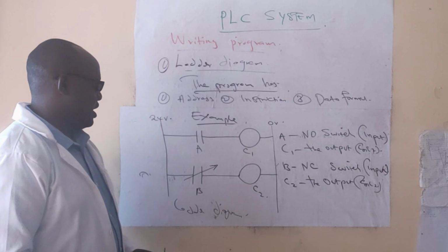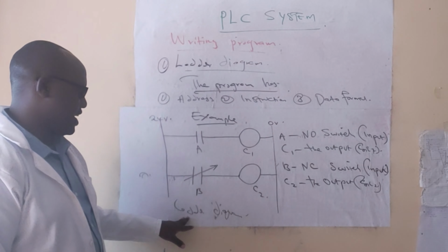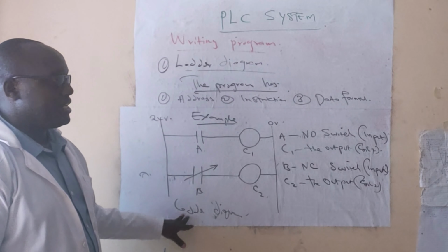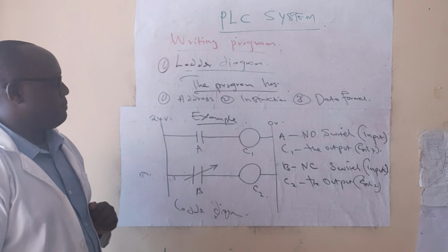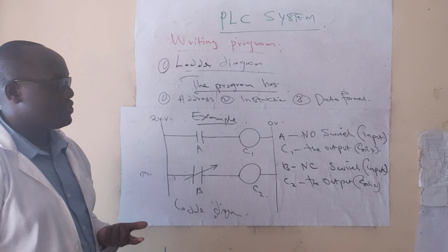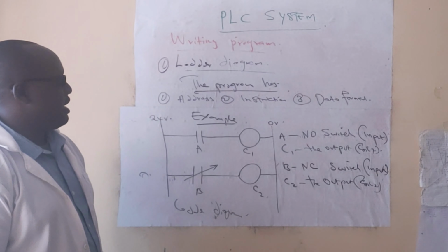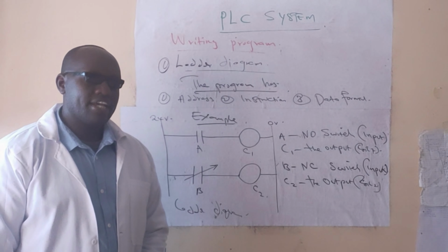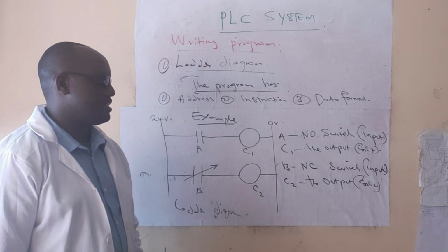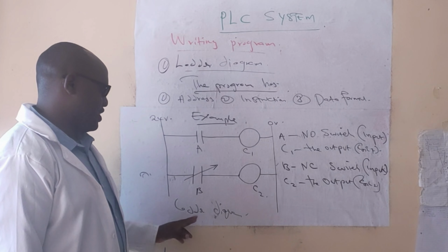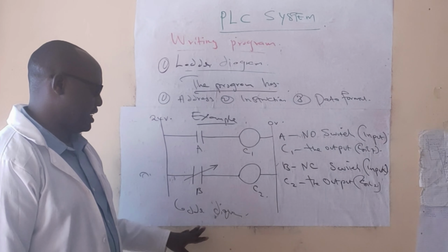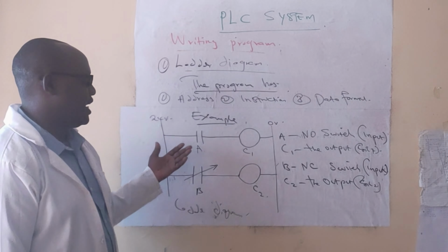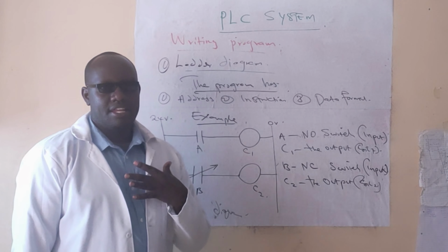As earlier on we said, writing a program is equivalent to drawing switching circuits, and these switching circuits are drawn in ladder format, which has the inputs and the outputs.